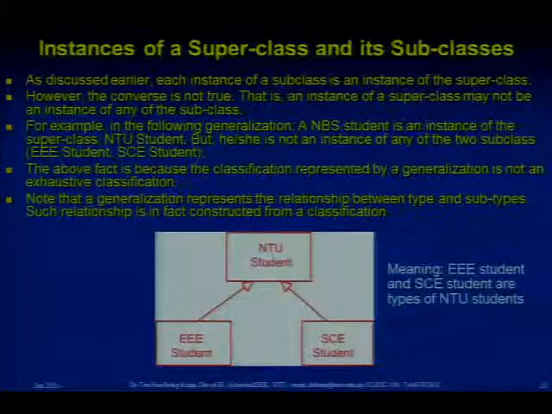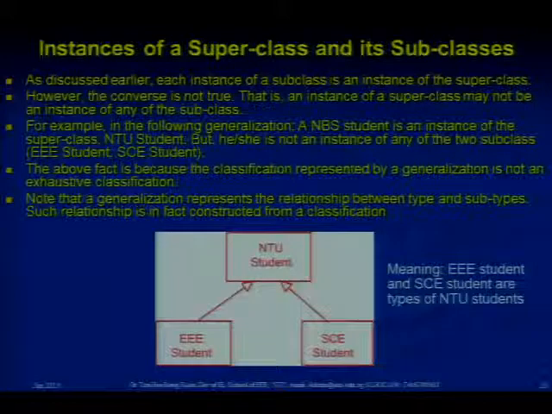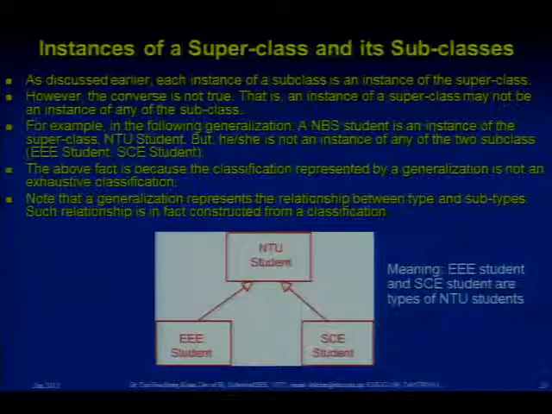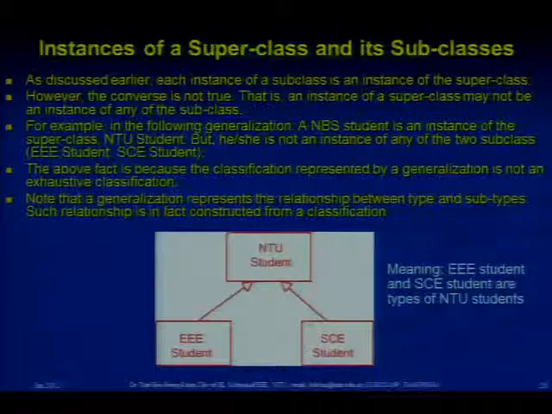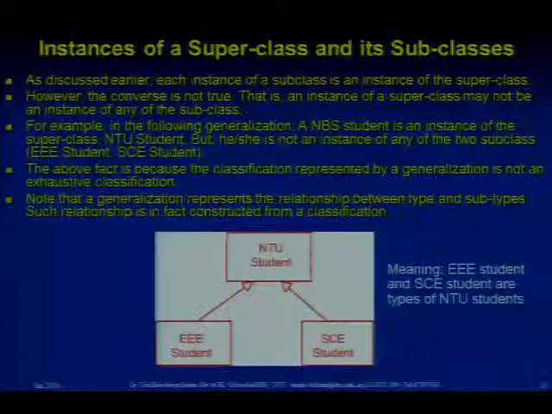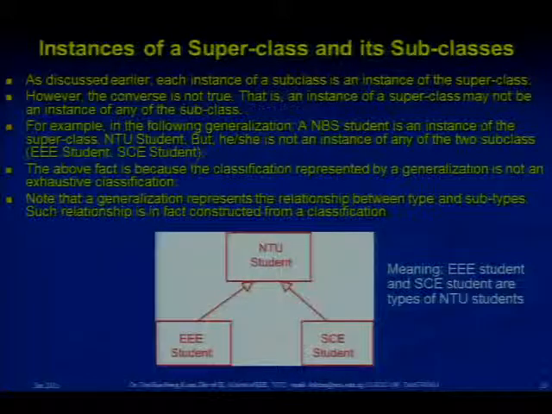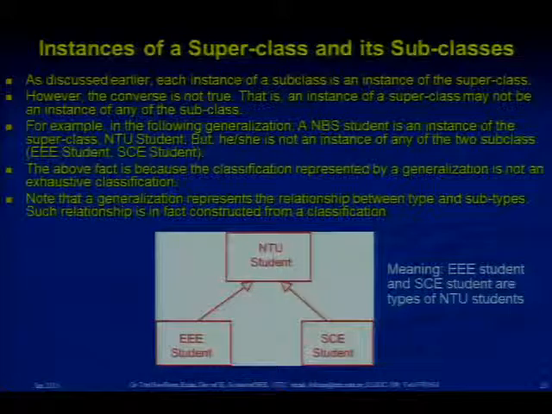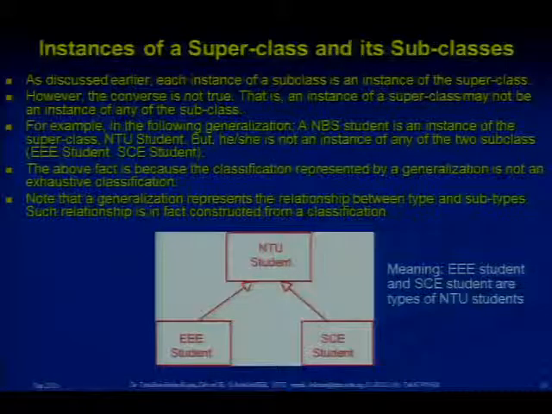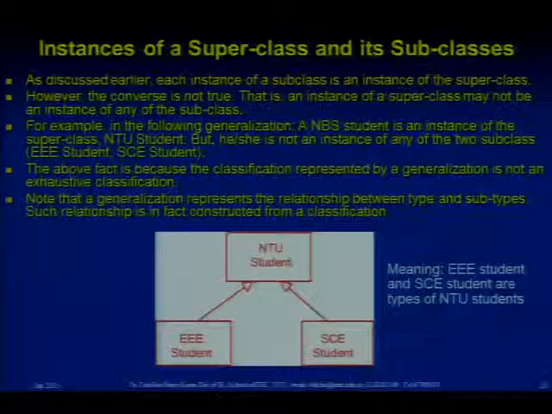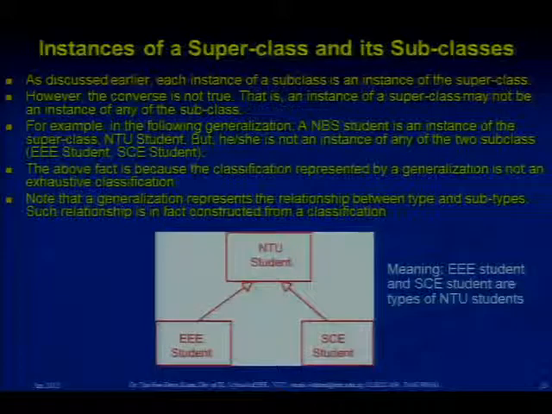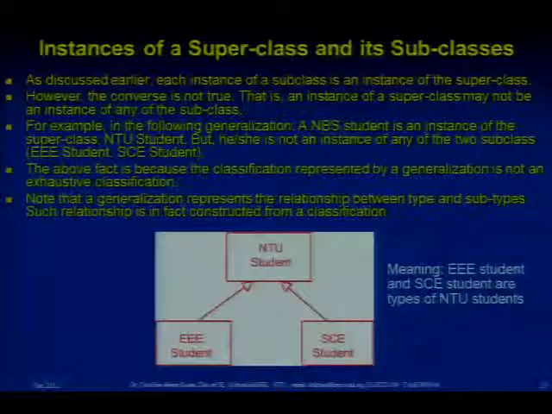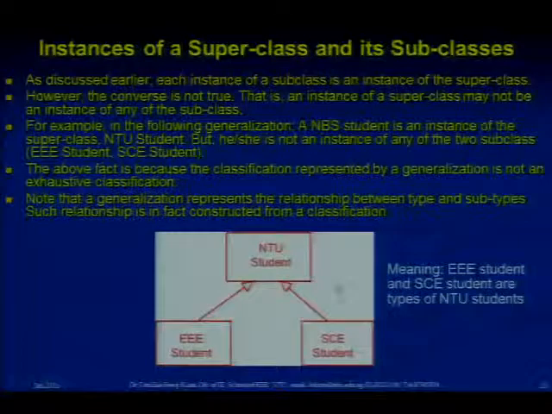We come to another point with regard to generalizations. As we mentioned earlier, each instance, that means each object, of a subclass is definitely an instance of the superclass. We use this one as an example to illustrate another point.